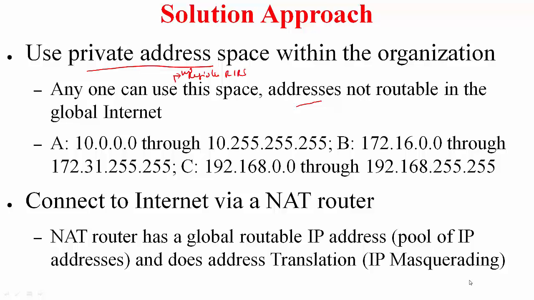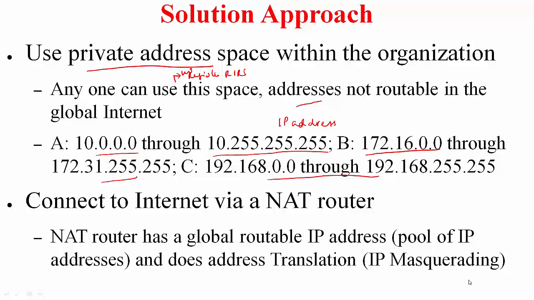We have quite a few of these private IP addresses. In Class A, they range from 10.0.0.0 all the way till 10.255.255.255. By the way, these are IP addresses I'm talking about. In Class B, they range from here to here, and in Class C, they range from this to this.